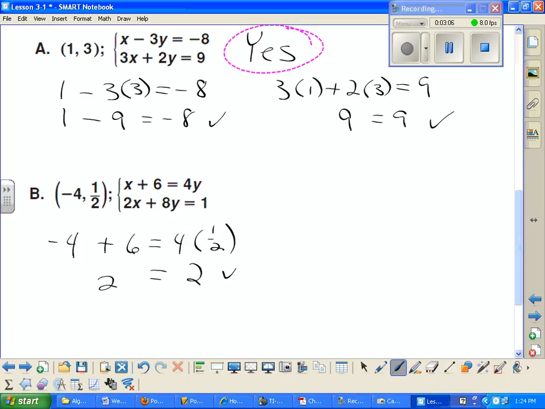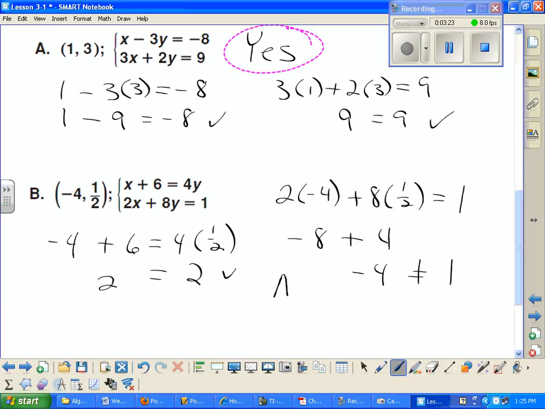That one worked. Then 2 times negative 4 plus 8 times 1/2. Does that equal 1? Negative 8 plus 4 is negative 4, which is not equal to 1. So no for this one.